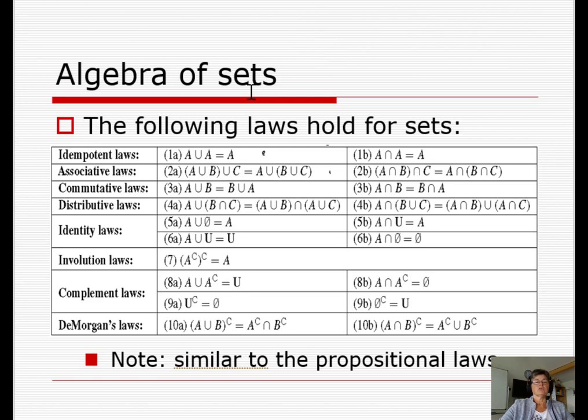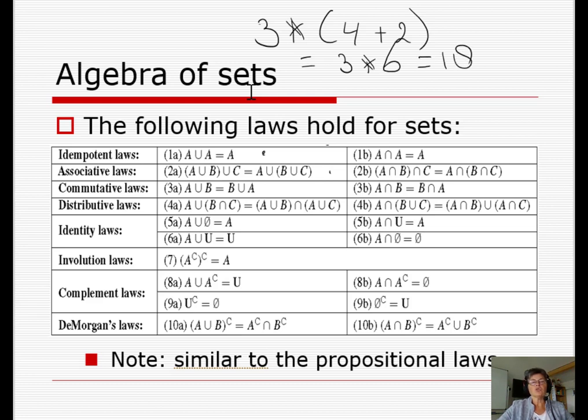Commutative law. The fourth law is a little bit more difficult, but again, if you take the parallel to your younger years, let's say I have a question like 3 times 4 plus 2. Then we can calculate this in 2 ways. We can first do the addition, so we can say this is 3 times 6, which will give us 18, but we can also put the 3 inside the brackets.